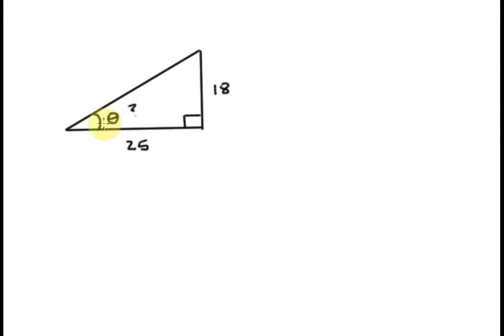Well, again, relative to this angle, this is the opposite. And this guy down here is the adjacent. And across from the right angle is the hypotenuse. So I look at it and go, the tangent of angle theta would be the length 18, or opposite, divided by the adjacent side length.